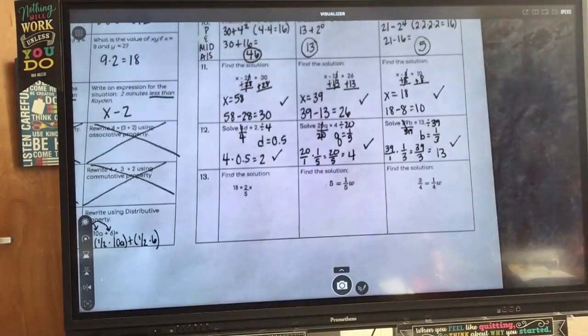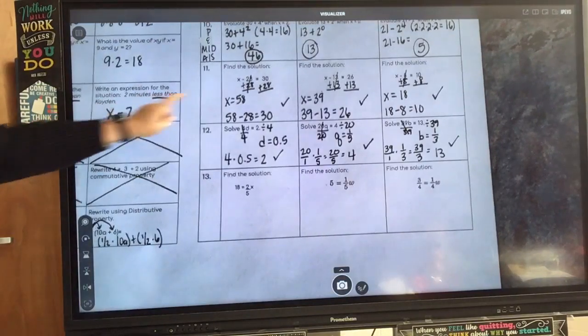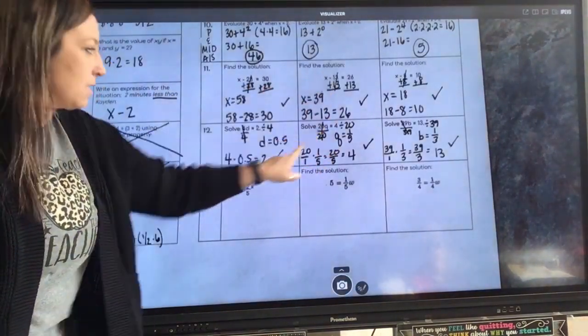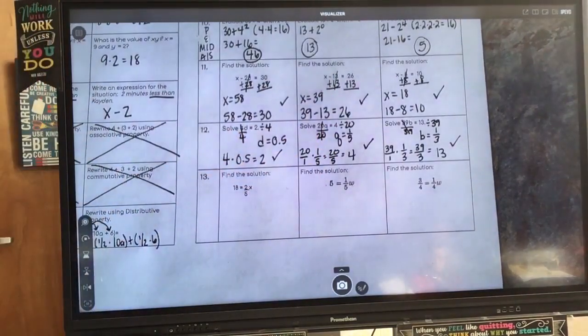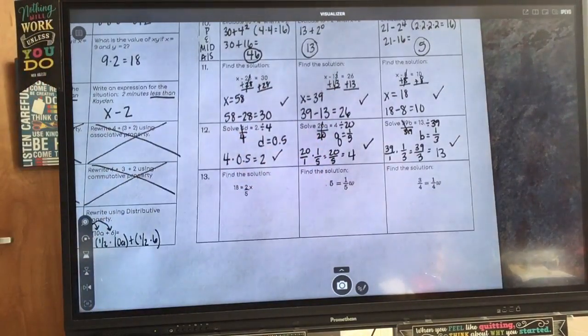If you are not doing this, and this, and this, and this, you are going to forget it. And next year you're going to be like, I don't know what to do. I don't know how to solve 2-step equations. You've got to get into the habit of isolating that variable. Because when it comes to 2-step equations, you have to isolate it, which means you have to do your subtraction and then your division. Where you have to do 2 operations within that first thing to get your answer. So if you are not writing it and crossing it out, you need to. That is something that you guys have got to do.